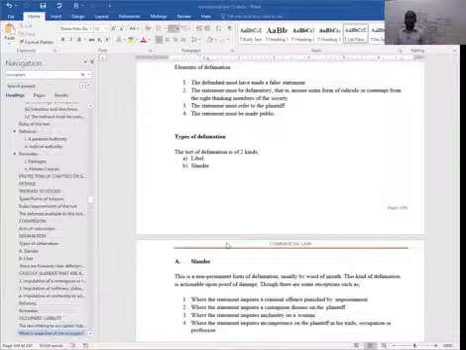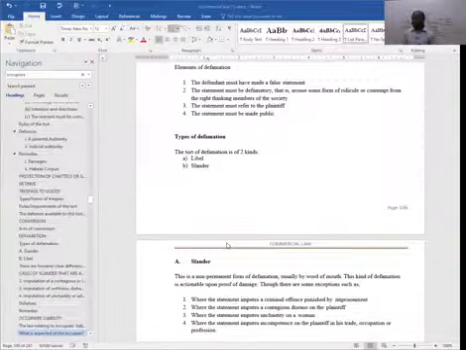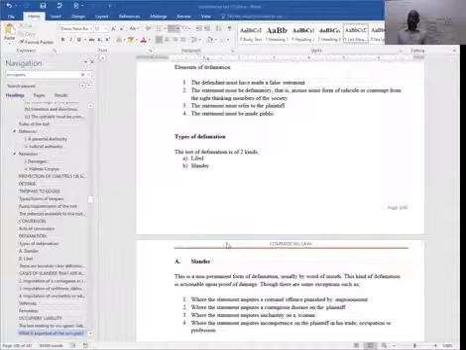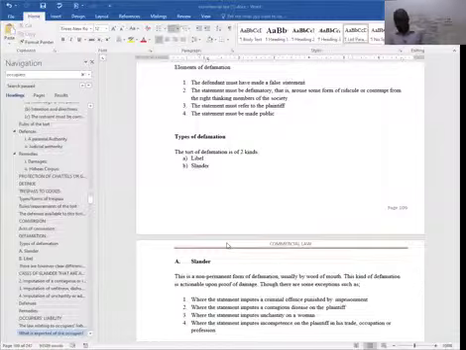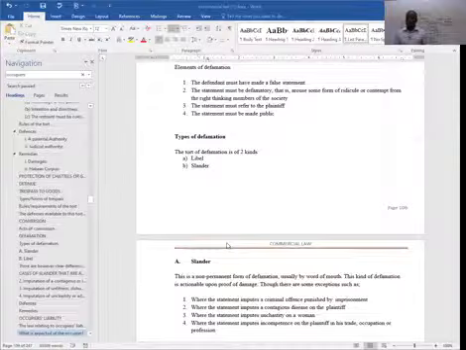You can always bring a case before a court of law, for example, in a case where the statement imputes a criminal offense punishable by imprisonment. So if today I make a particular statement about Becky, which imputes some criminal activities on Becky, it simply means that Becky doesn't have to wait for the damages to actually occur, or for her to be laughed at, or looked at by other people as a person who's involved in criminal activities.